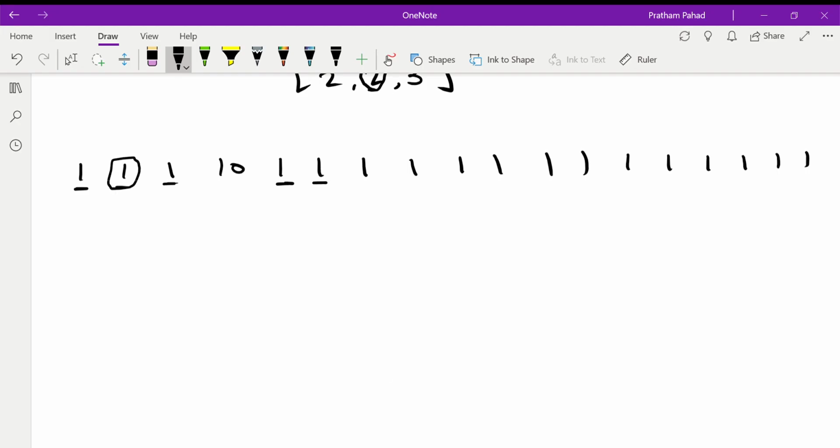If I purchase this candy, I can get one extra candy. Similarly, if I sum up all, it will be a very large value. But I want the minimum amount of cost with which I can purchase all the candies. So one thing is that if I purchase this candy with price 10, I can get 10 candies at one time for free. Okay, so that will not add up to my cost. Got it? So let's first try to sort the array.